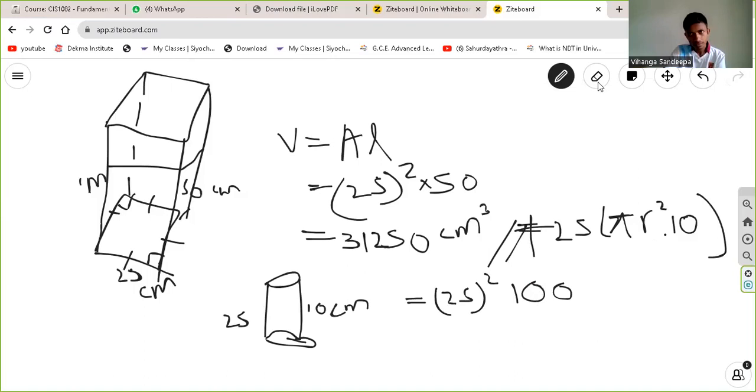Then this is the equation. You have to solve it. Okay, I think it is clear. Now I am cleaning the board.